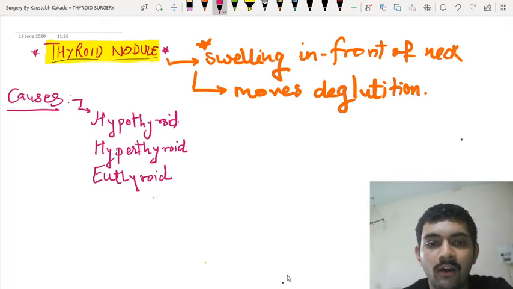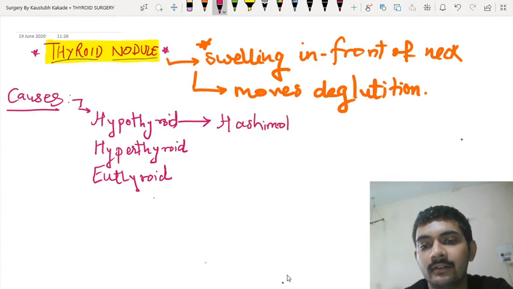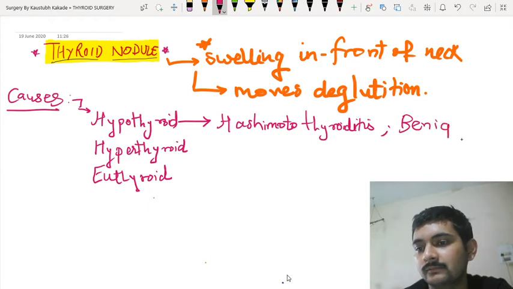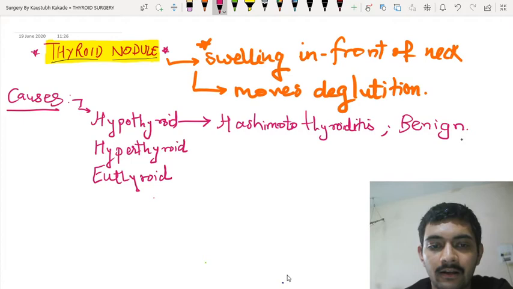A hypothyroid patient could come with a thyroid swelling in conditions such as Hashimoto's thyroiditis, or it could be a benign mass such as a follicular adenoma, right?